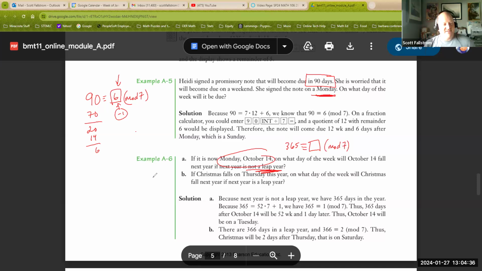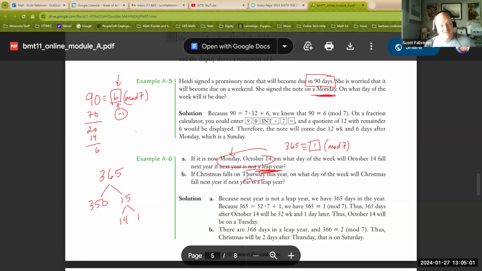Take a whole bunch of 7s out of here. I'm just going to pull out a whole big chunk of them, like 350, and that leaves me 15. And then pull out the 14, it leaves me with 1. So guess what? 365 is congruent to 1. So if it's a Monday this year and you go 365 days till next year, your birthday next year will be on a Tuesday because it's just 1 day forward.